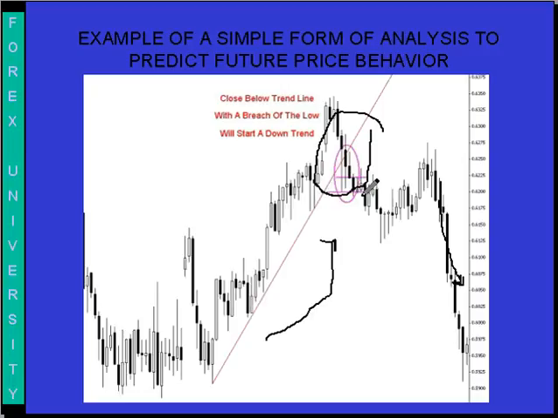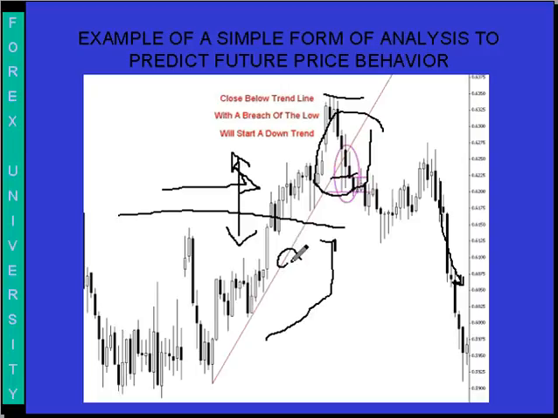We were able to analyze the behavior of price over time, price moving up and down, and as time went on, the price reached an exhausted point, proven by breaking the trend line with the close and then falling below its lows to begin a new trend down.